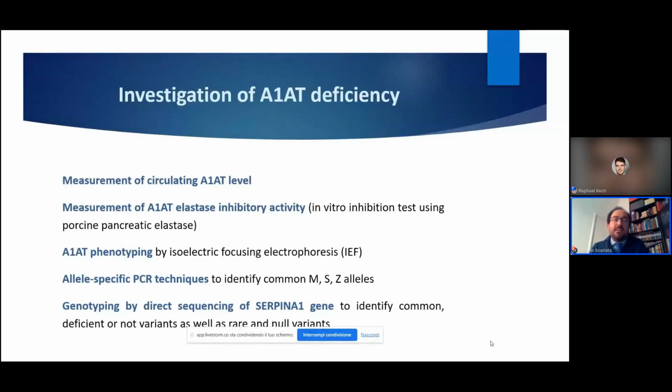Another technique is allele-specific PCR. This is in order to identify the common M, S, and Z alleles. And finally, we should provide a genotyping by direct sequencing of the SERPINA1 gene. This is to identify both common, but even uncommon, rare, or even null variants.